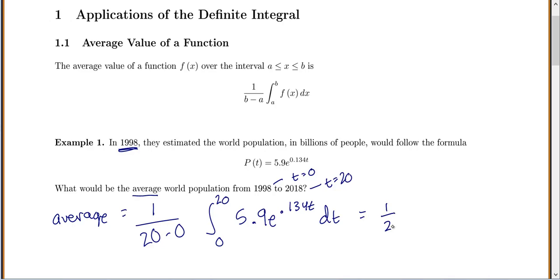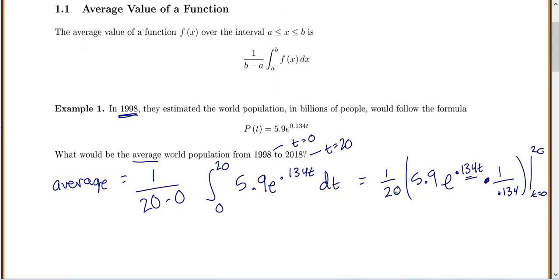So this 1 over 20 stays out there. The 5.9 just gets to stay there as well. Now e to the 0.134 t stays. But then I have to do 1 over this number in front of the t. So 1 over 0.134, that's a times. Evaluated from t equals 0 to 20.